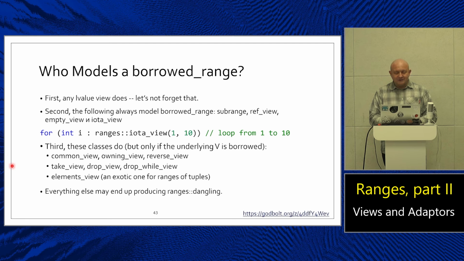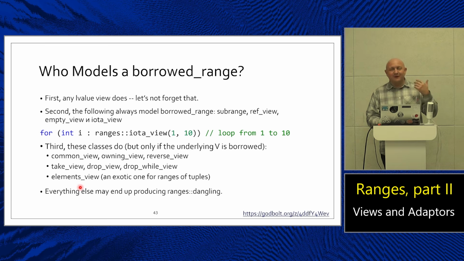So in practice, the set of borrowed ranges in the standard is actually quite small. We have about 4 unconditionally borrowed and about 10, including one exotic, that are conditionally borrowed, and others are not borrowed ranges in any case.